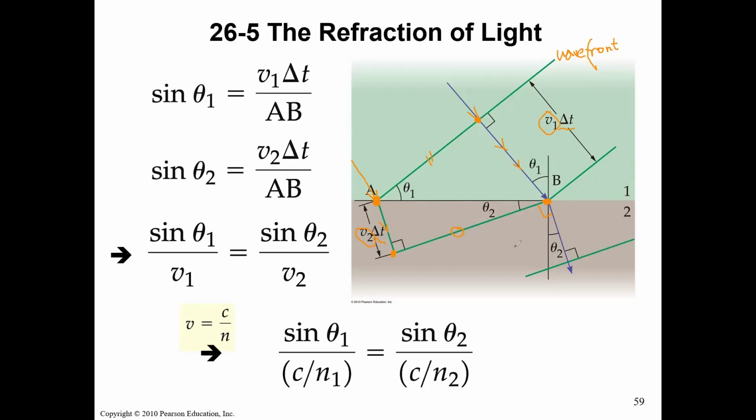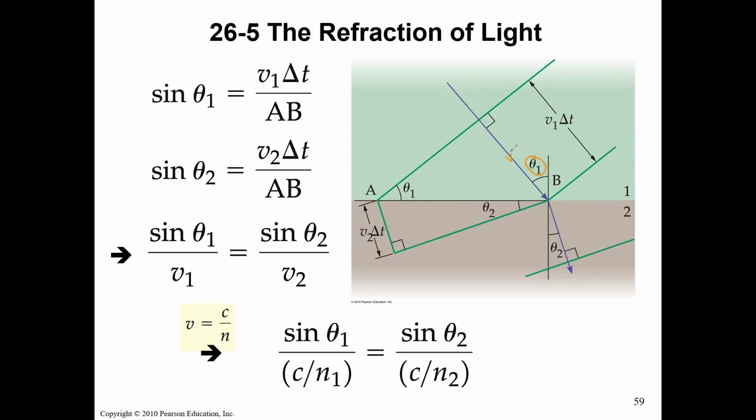So how do we describe this quantitatively? We look at this distance AB. Point A is here, point B is here, and we can express it in two ways. First of all, we have an angle of incidence, theta 1.